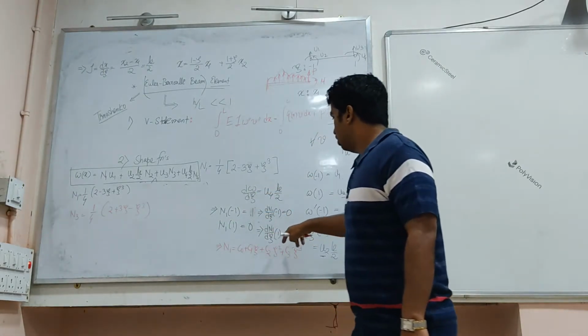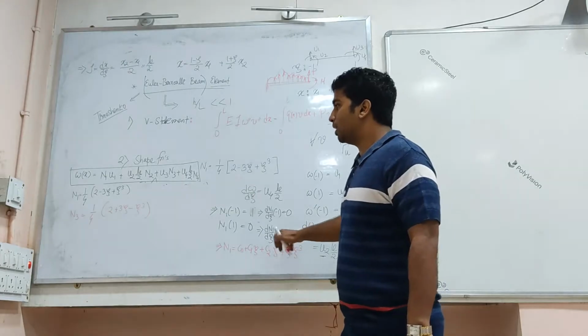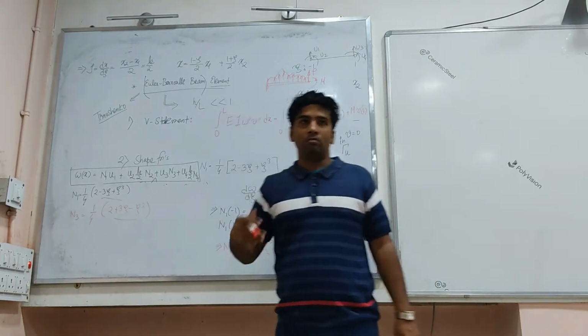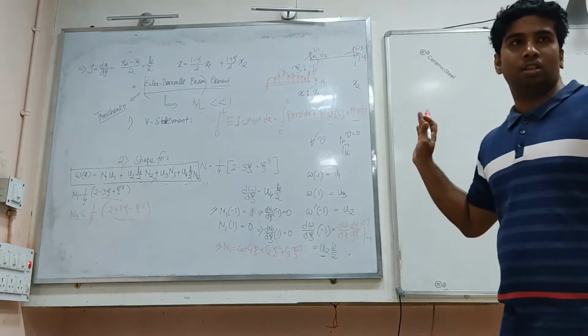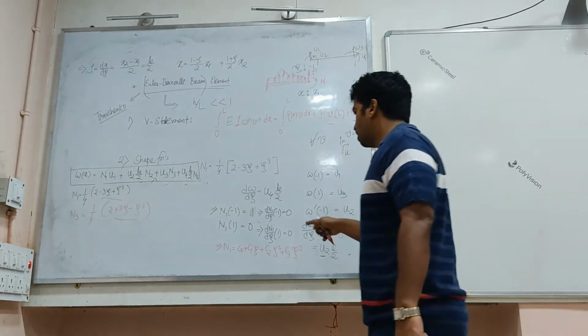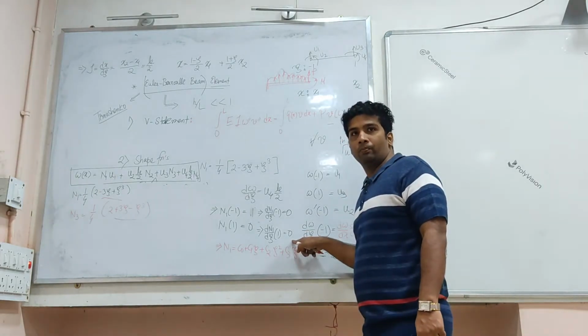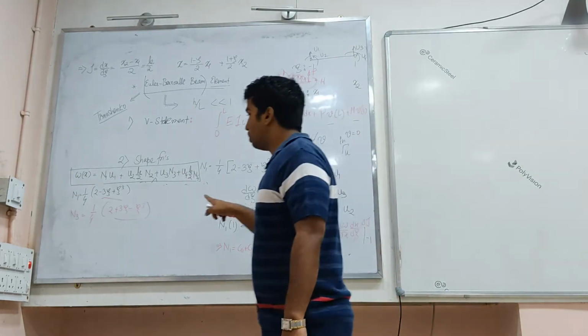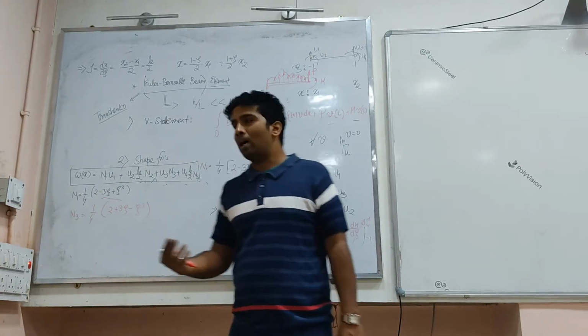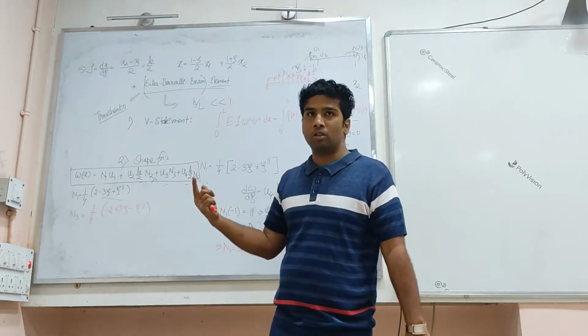The two derivatives will be automatically satisfied, because the sign has simply been changed. That's the only thing that has been done. So even if you take the first derivative, the values are still going to remain the same. But what about the value of the function at xi equal 1 and minus 1? That's the one you are supposed to check.